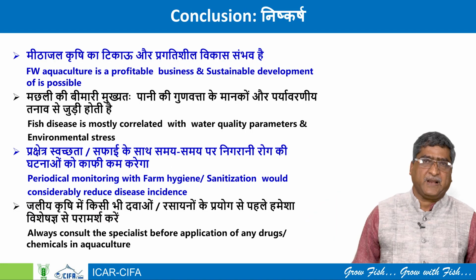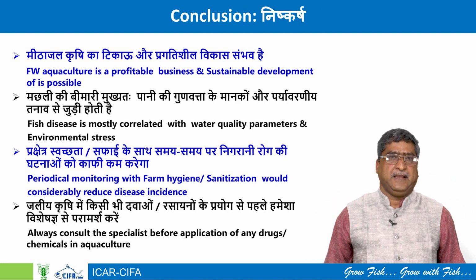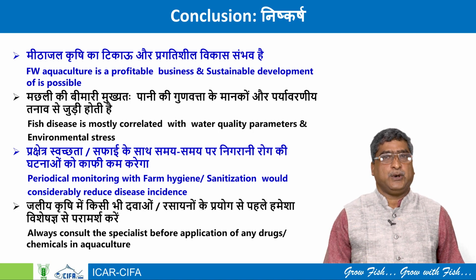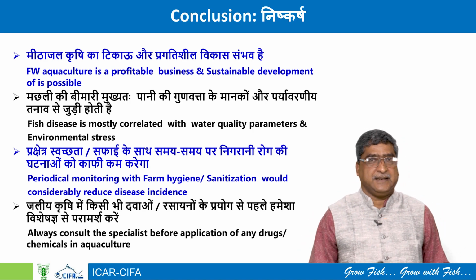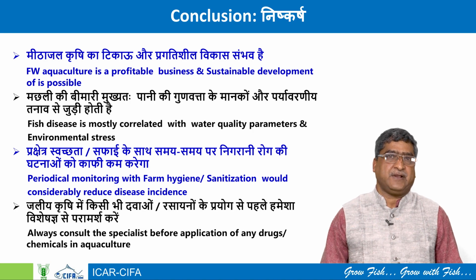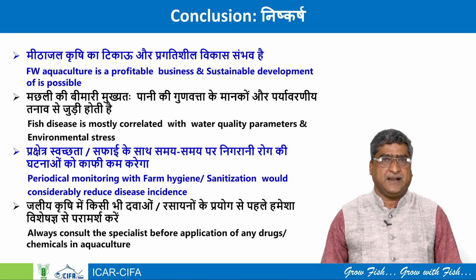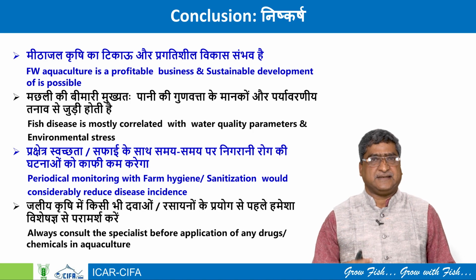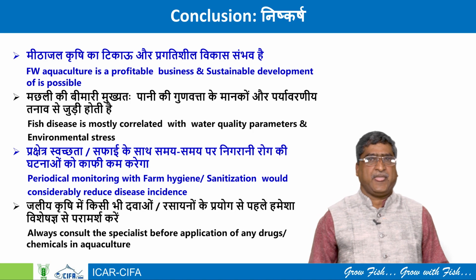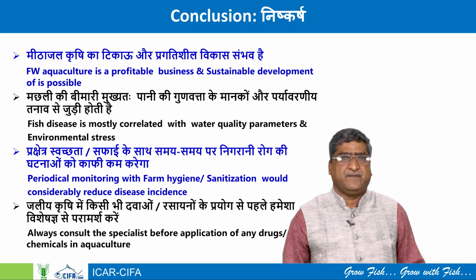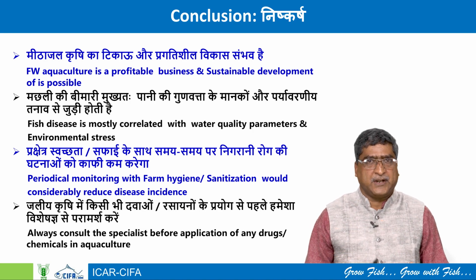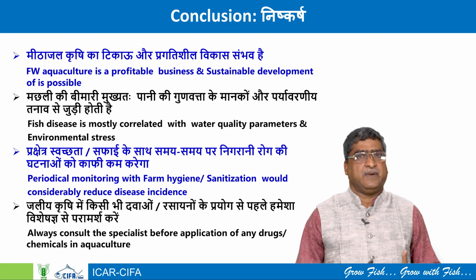Now, in conclusion, freshwater aquaculture is a profitable, low-risk business, and it is sustainable. So you should follow scientific advice and guidance in freshwater aquaculture. Then you can have successful freshwater aquaculture with good profit. Fish diseases mostly occur in correlation with water quality and environmental stress.